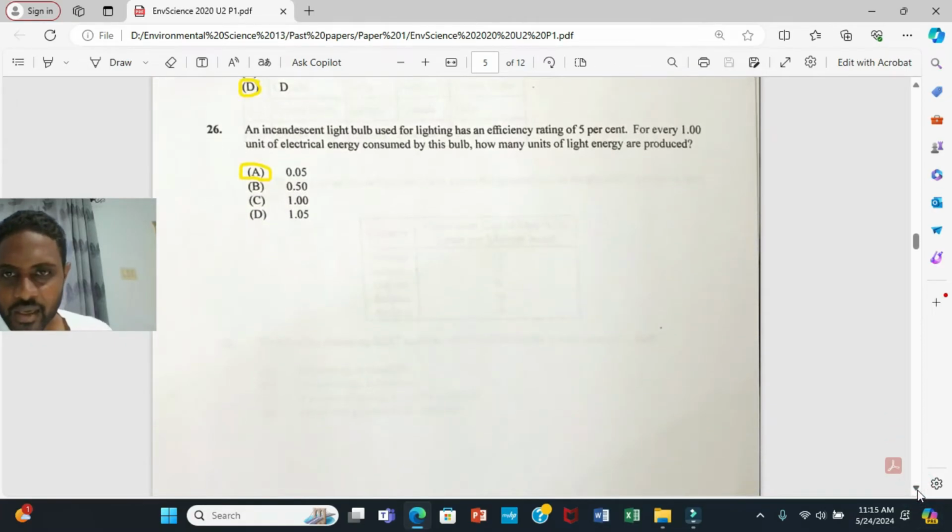26. An incandescent light bulb used for lighting has an efficiency rating of 5% for every 1 unit of electric energy consumed by this bulb. How many units of light energy are produced? Of course, guys, it is maths.